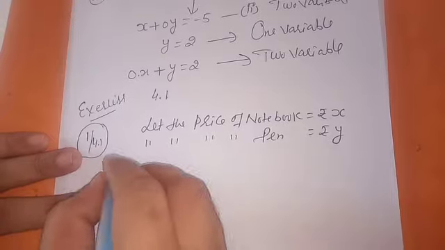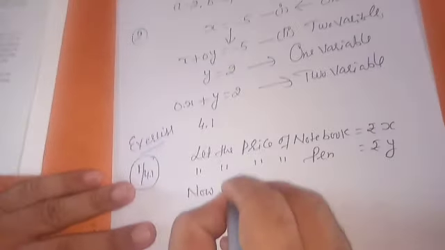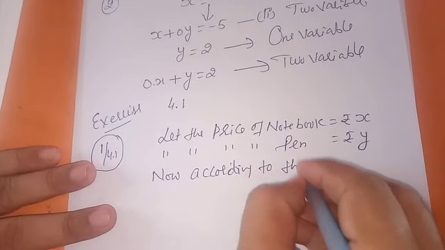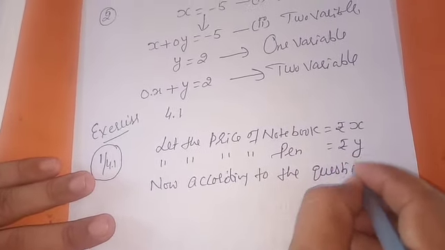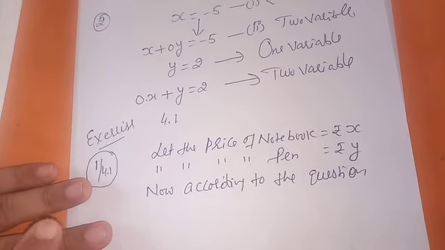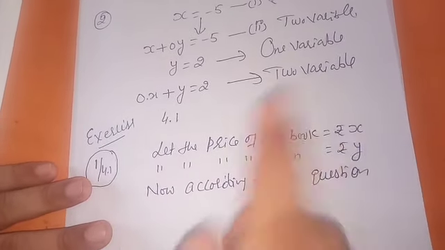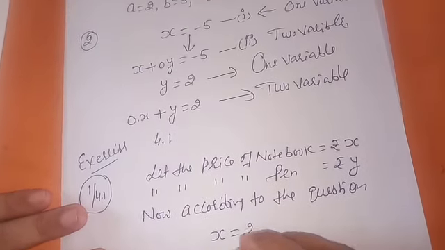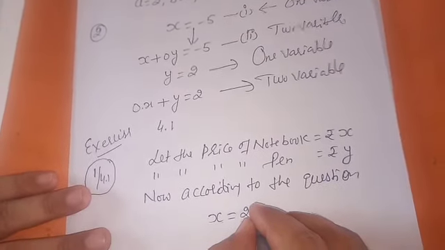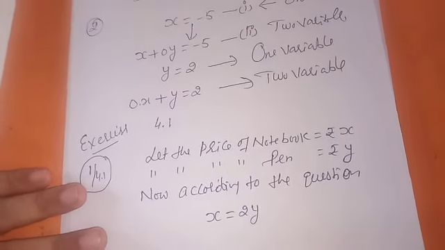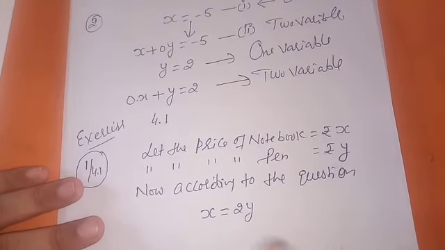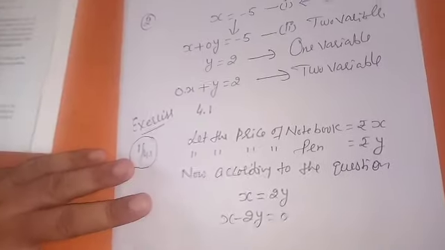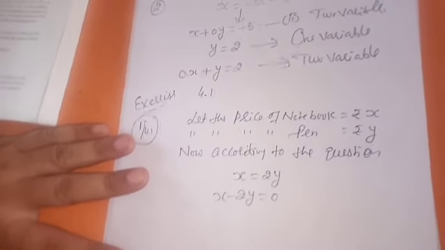Now, according to the question, the price of the notebook X is equal to twice, meaning 2 times, the price of the pen. And the price of the pen is Y. This you can write as X minus 2Y is equal to 0. Understood?